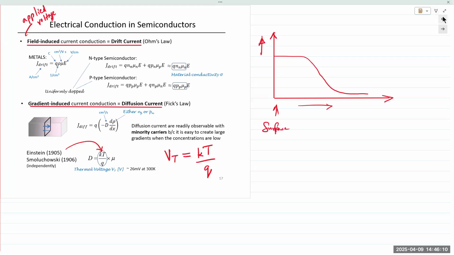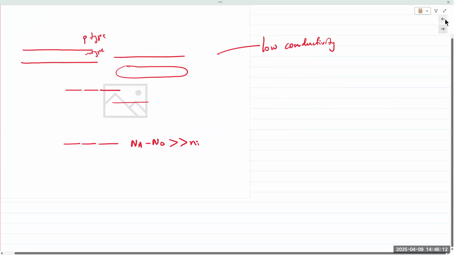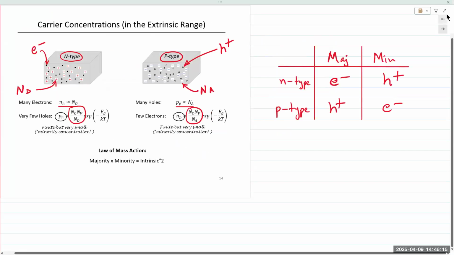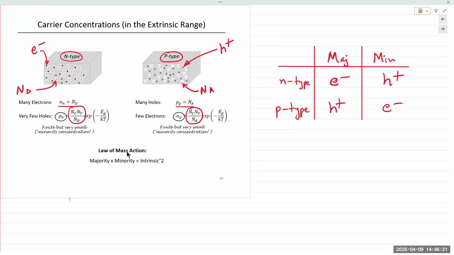Okay, so let me go back and let's talk about the law of mass action. Intrinsically generated electron-hole pairs would be n and p. n is equal to p is equal to ni.